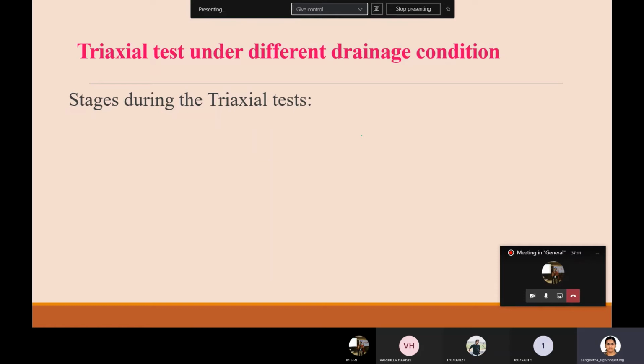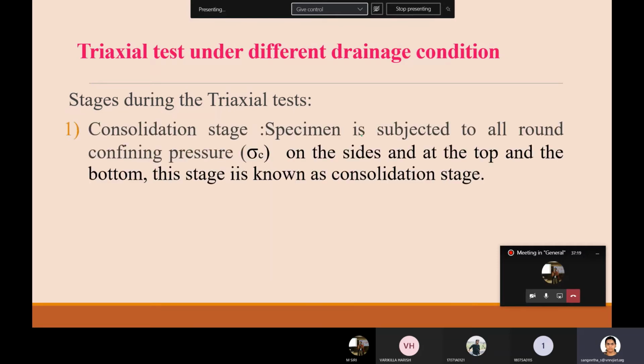Okay, so first apply the load and allow the soil to consolidate. Then allow the water to flow off and measure the volume change. So that is the second stage. So that is being mentioned here. The first one is the consolidation stage. So what do you do in the consolidation stage? The specimen is subjected to a confining pressure all around the sample and this stage is known as the consolidation stage.